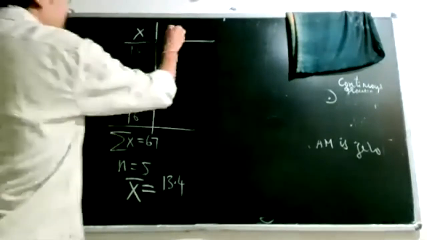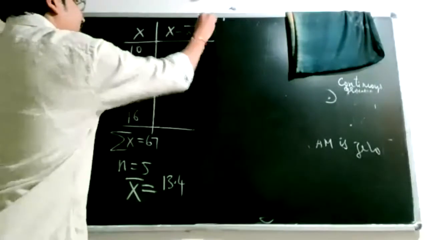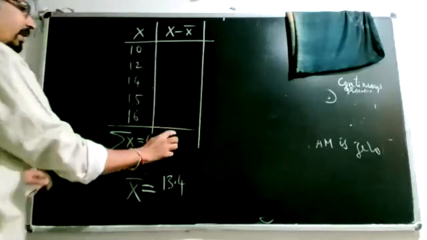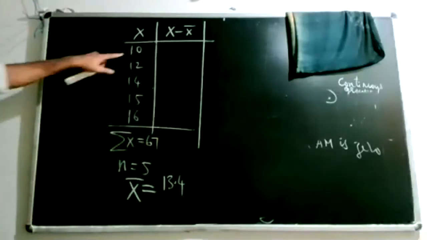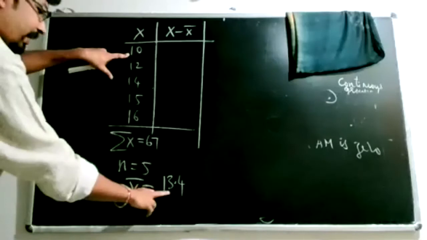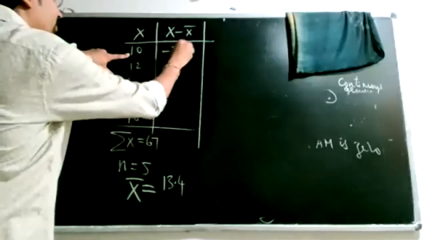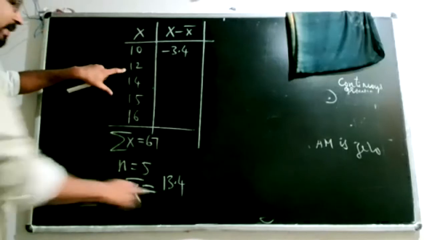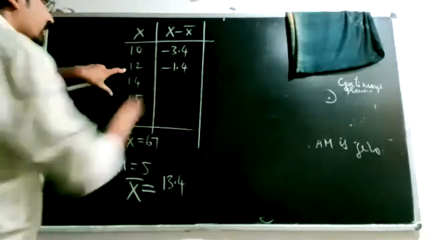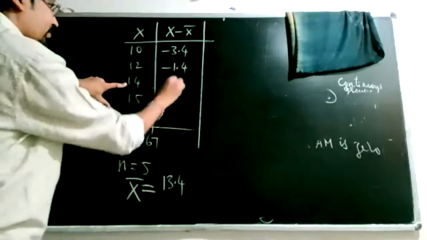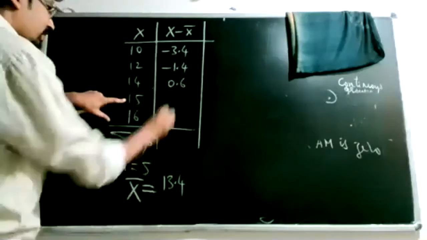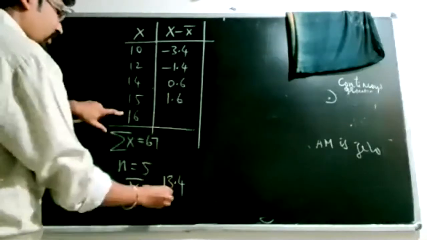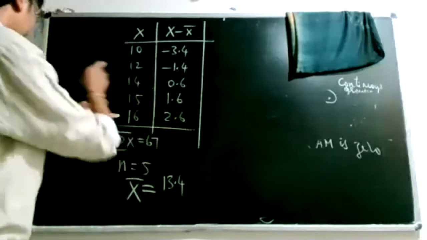Now from every value of x, subtract this x bar, write that number and obtain the total. The first value of x is 10. 10 minus 13.4 is minus 3.4. And then you have 12 minus 13.4, minus 1.4, 14 minus 13.4, 0.6, 15 minus 13.4, and 16 minus 13.4.